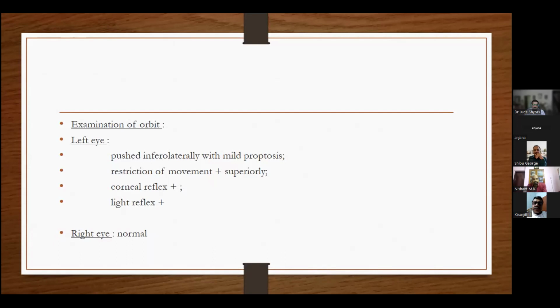What's the difference between proptosis and exophthalmos? In exophthalmos, the proliferation of the retroorbital fat tissue. Almost always this is used interchangeably.